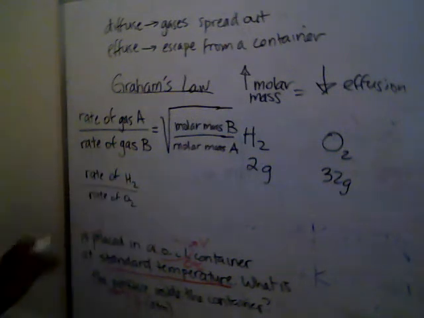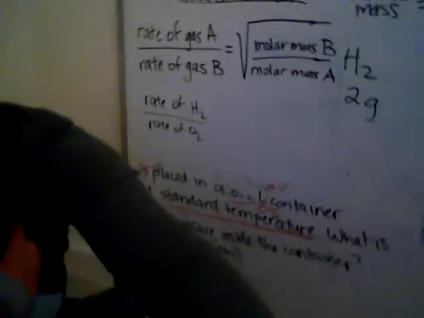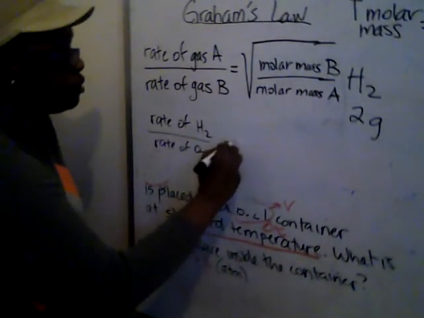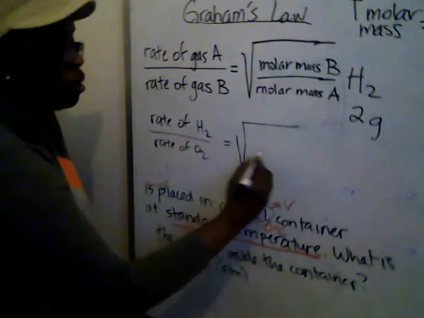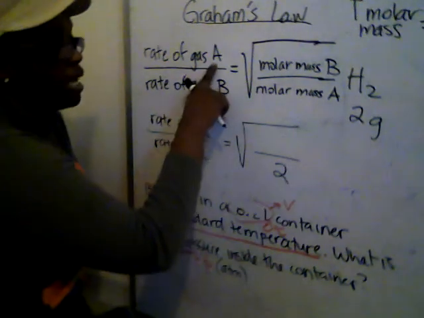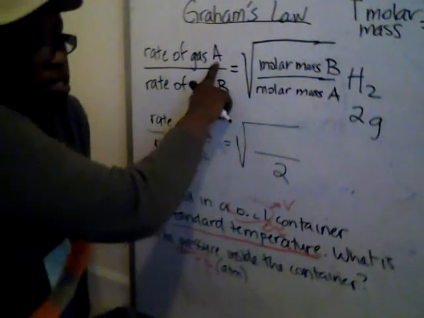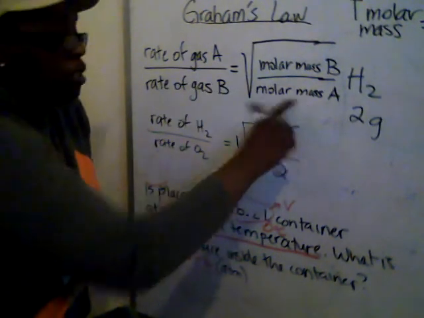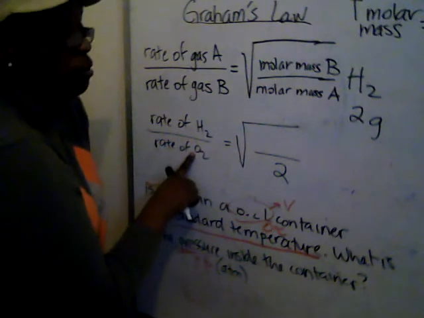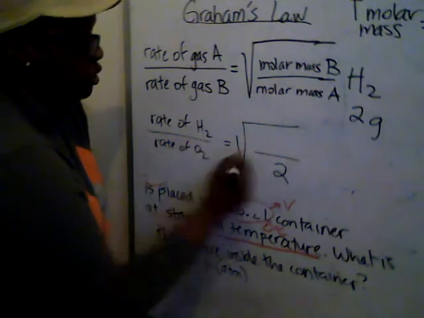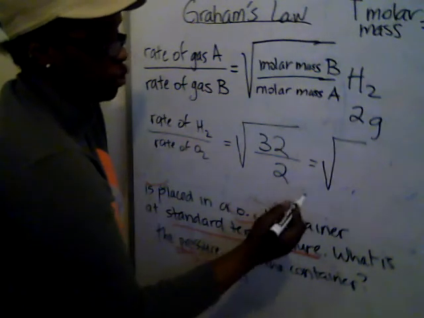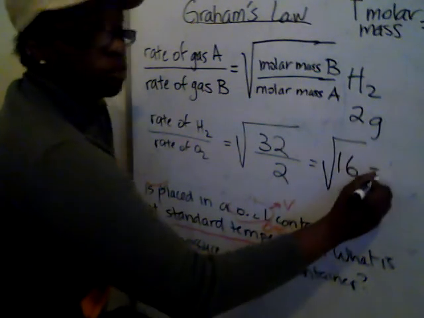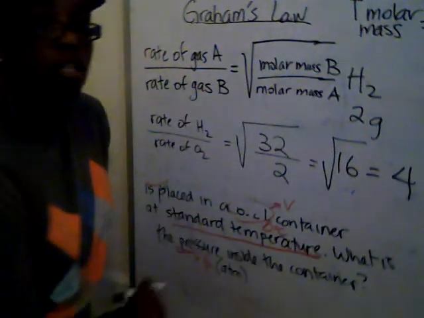The rate of hydrogen to the rate of oxygen would be equal to the square root of, so we want the weight of hydrogen, we said was 2 grams. We're going to put that here on the bottom. Remember, the gas that you designate as A has to have the molar mass on the bottom in the equation. So then the molar mass of oxygen is 32, so we're going to put that up here. Well, 32 divided by 2 is 16. The square root of 16 is just 4.